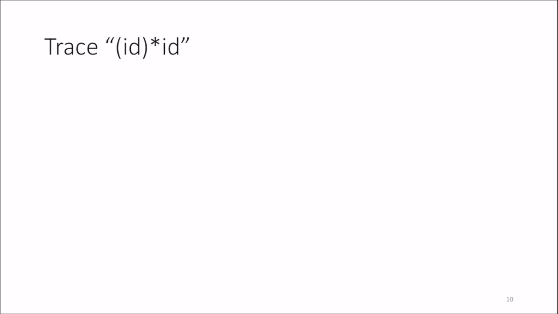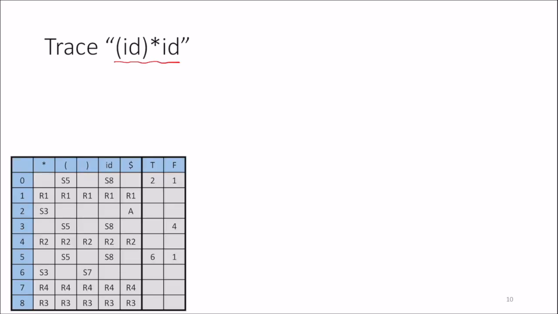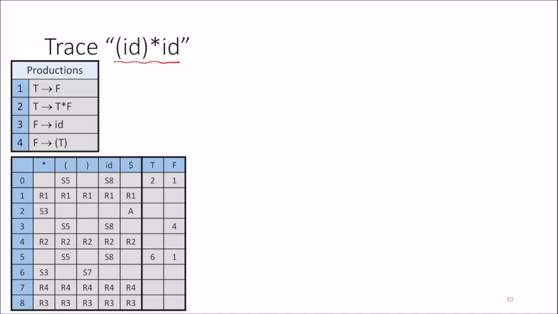So let's work through an example where we are using shift reduce parsing to parse this input. We're going to use the same table that I showed you in the previous slide. The grammar is, of course, the same. And what we want to do is construct a derivation or say that this string is accepted or not.